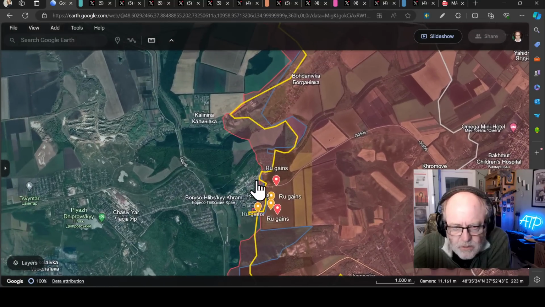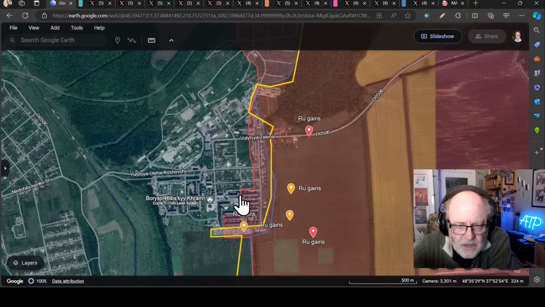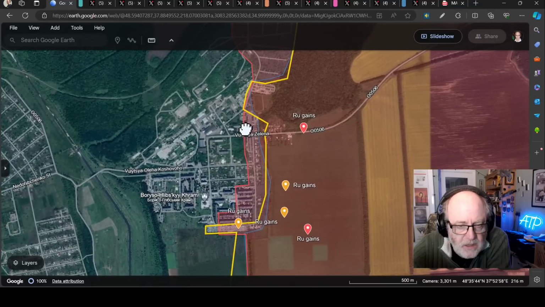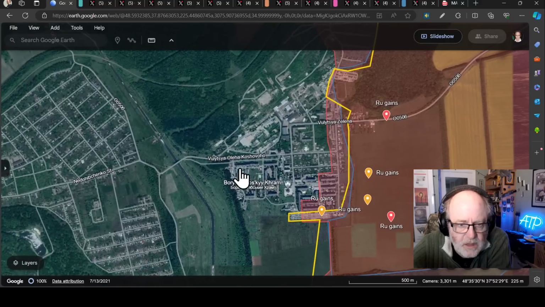It looks like this area to the east of the canal just here is not long for Ukrainian control if all the mappers agree that the Russians are in the easternmost reaches of that canal micro-district.